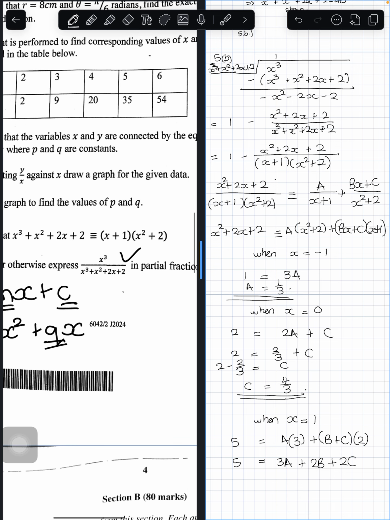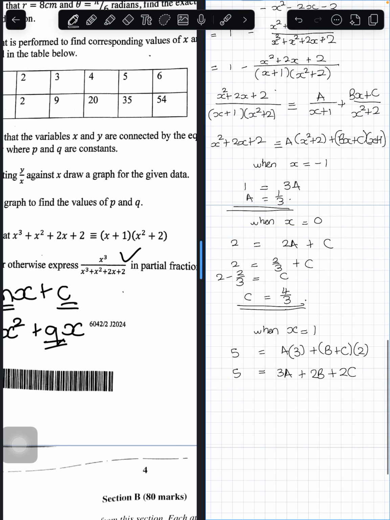So far we have the value of a and the value of c. So 5 is equal, going to substitute: 3 times 1/3 plus 2 times b plus 2 times 4/3. We have 5 equal to 3 times 1/3, which is 1, then let's go like terms, plus 8/3 plus 2b.